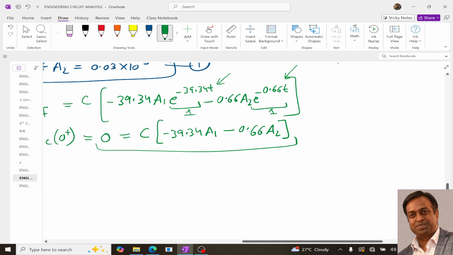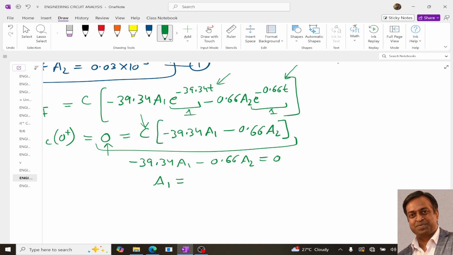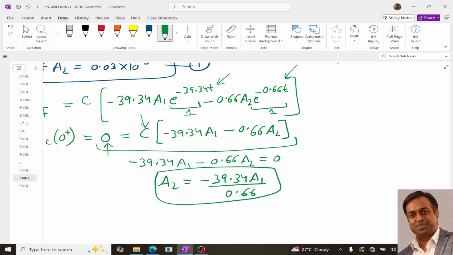This C will be cancelled because it is 0. So simply minus 39.34 A1 minus 0.66 A2 equals 0. Or simply A2 equals minus 39.34 A1 upon 0.66. So this is our second equation.